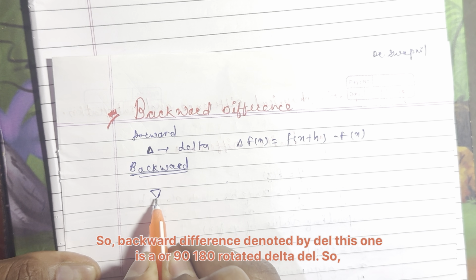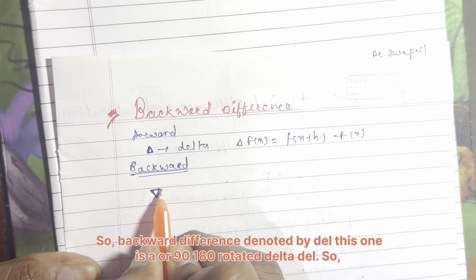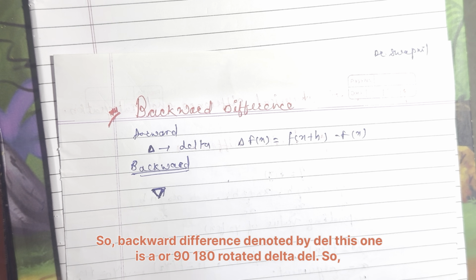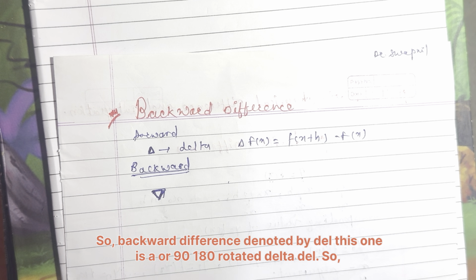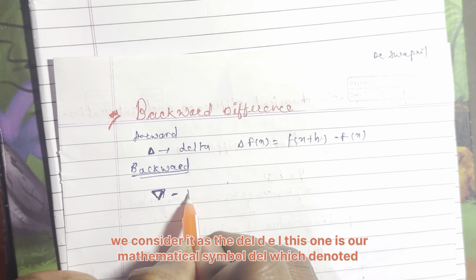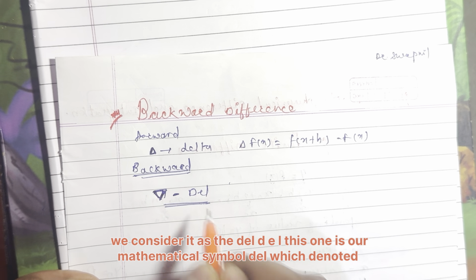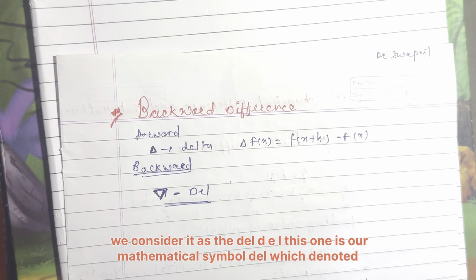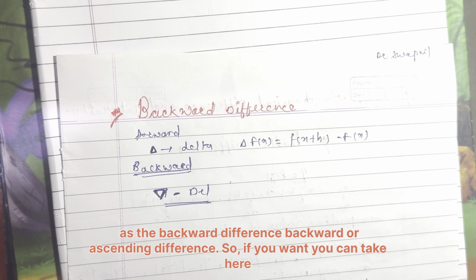Backward difference is denoted by del. This is a 180 degree rotated delta, so we consider it as del. This is our mathematical symbol del, which is denoted as the backward difference. Backward or ascending difference.